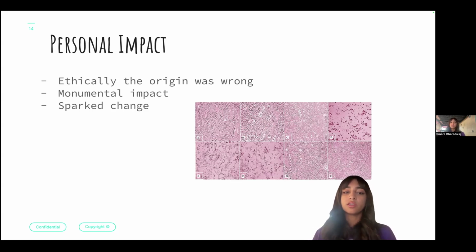The whole origin is like a double-edged sword, since the sourcing of the cells was unethical, but the impact it had was monumental. Luckily, the WI38 story sparked change for public policy, so that was one good bright side to it. So hopefully ethical issues like this in the future in these great scientific endeavors don't occur again.